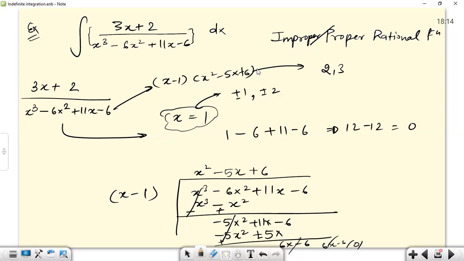So if we have these two roots, we can further represent this equation as x minus 1, x minus 2, x minus 3. Okay. And if you are preparing for NDA, I suppose you must remember this cubic equation, which is very general in use. Anyways, if you don't, there are still methods to find this out.